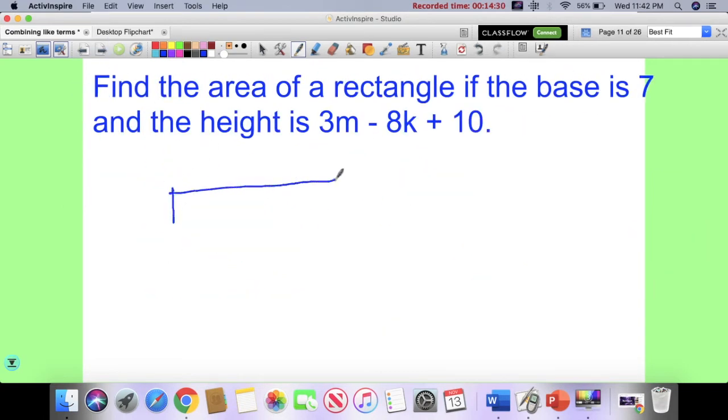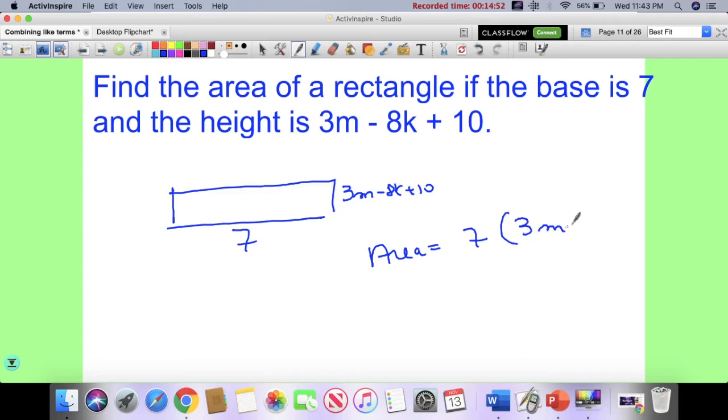Rectangle. All right, so this one is a little bit different. The base is 7, and the height is 3m minus 8k plus 10. So base times height. So the area is going to be 7 times 3m minus 8k plus 10.